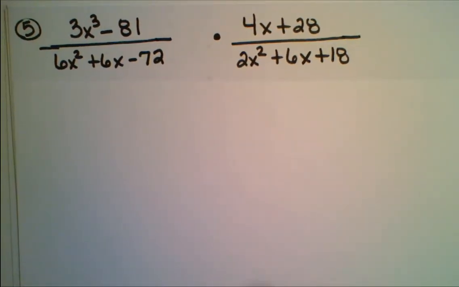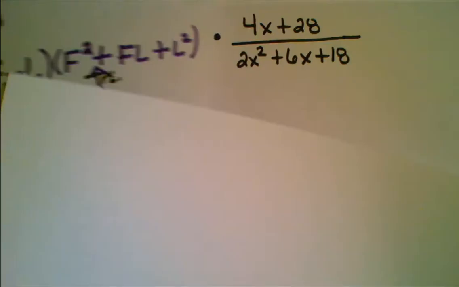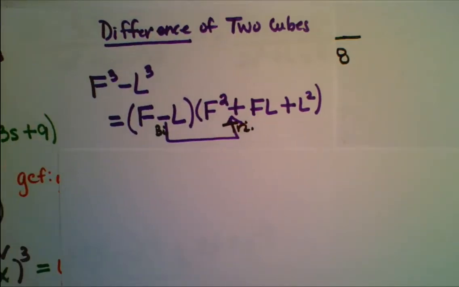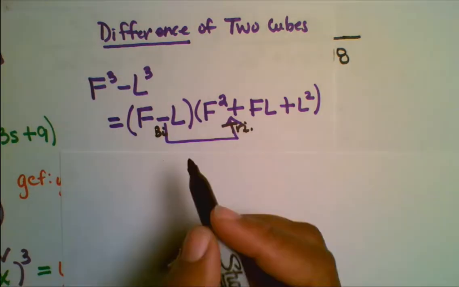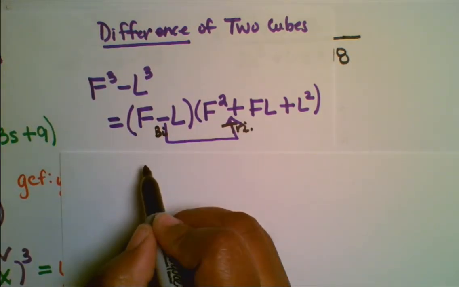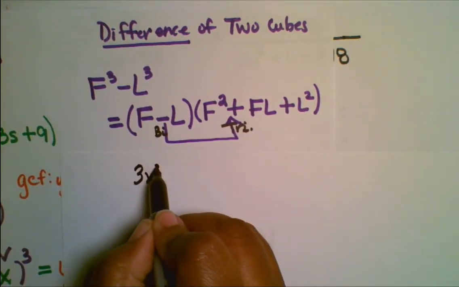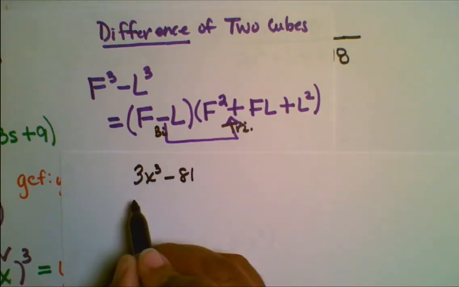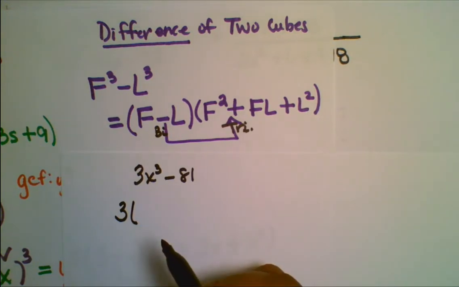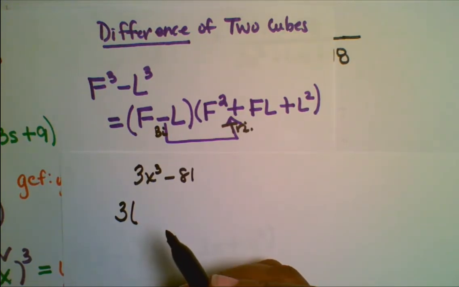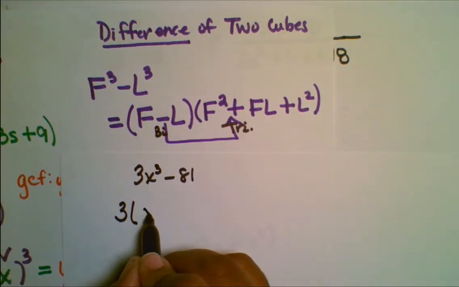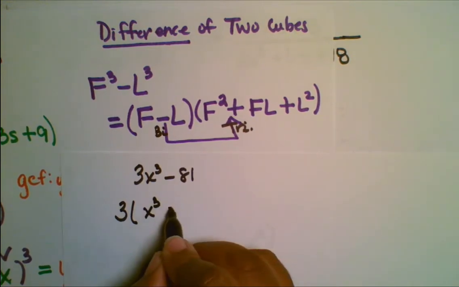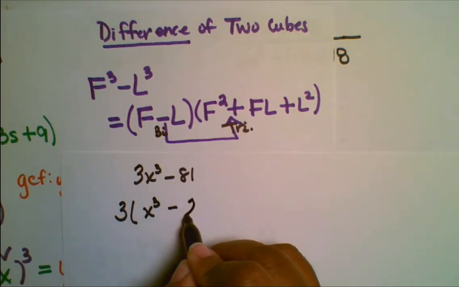So remember the difference of two cubes. Here's the pattern. Here's the question again. 3x cubed minus 81. There is a GCF that can be factored out. That's 3. And then we have left over x cubed minus 27.